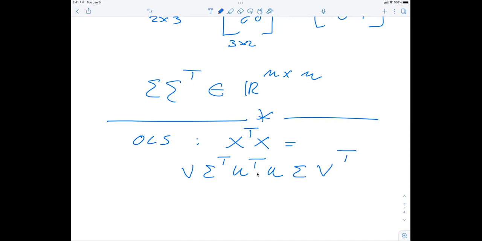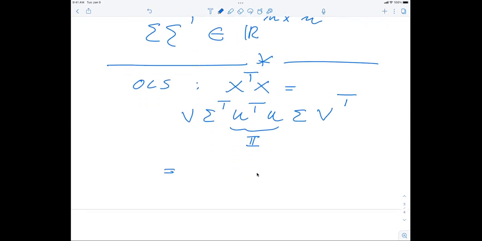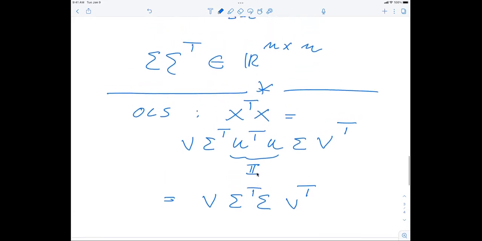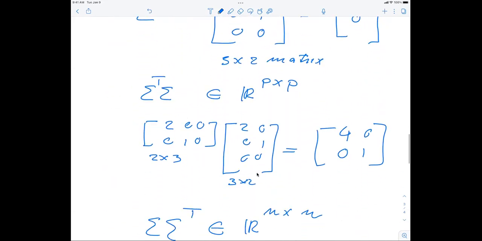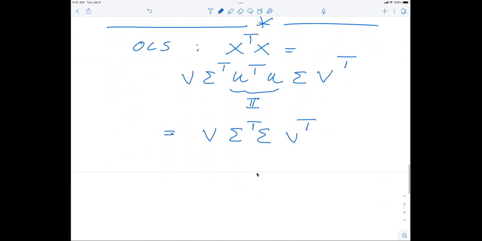I'm just plugging in the singular value decomposition of the matrix. Now, this matrix product U transpose U is actually the identity matrix. So that means this becomes V sigma transpose times sigma times V transpose. We could rewrite it in terms of the matrix sigma tilde which I wrote up here, but let's just keep it like it is.